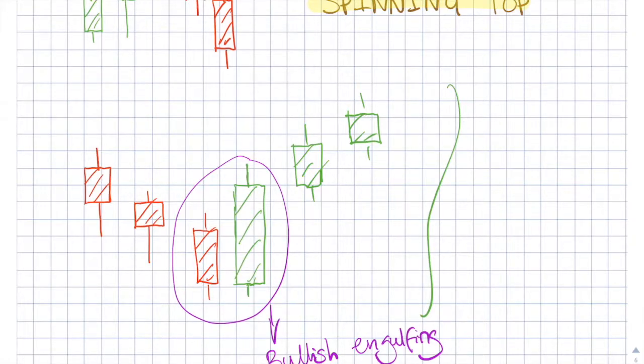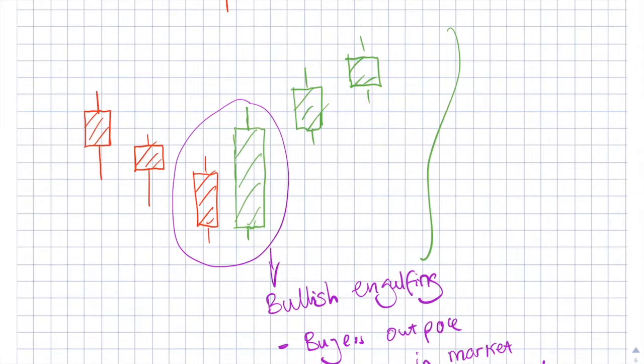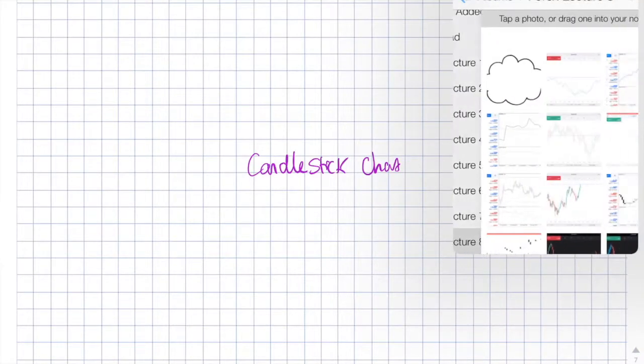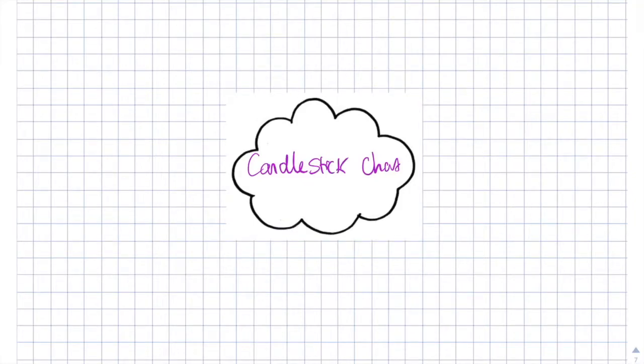And that's how it looks, and I hope you understand the sort of information candlesticks give and how important they are. Let's summarize what we have learned about candlestick charts. Candlestick charts are clearer than bar charts.